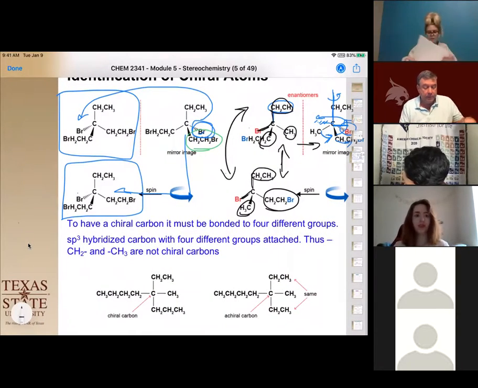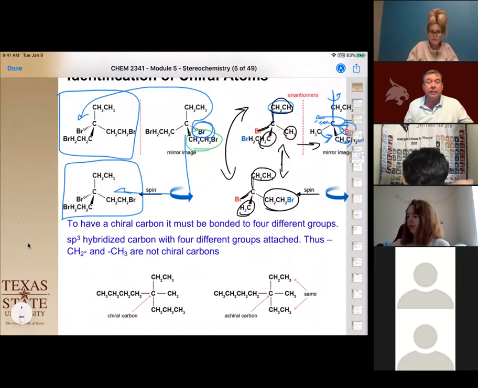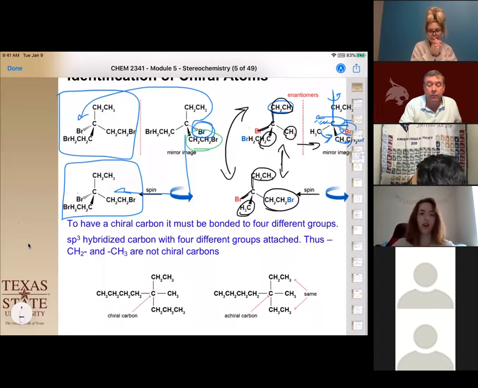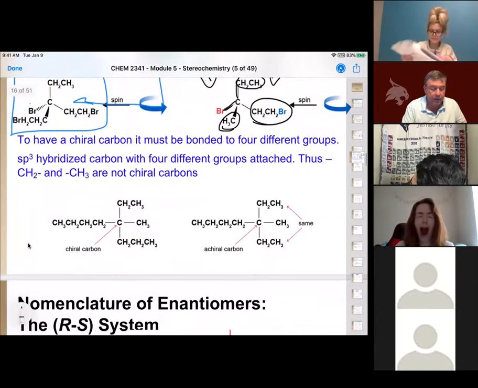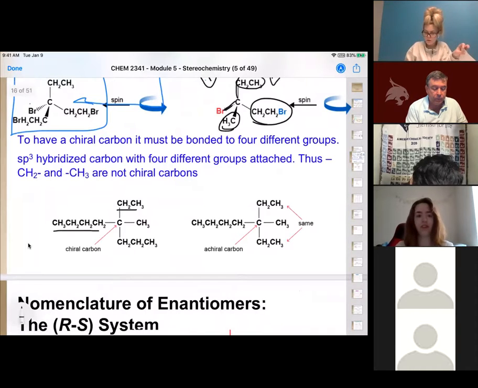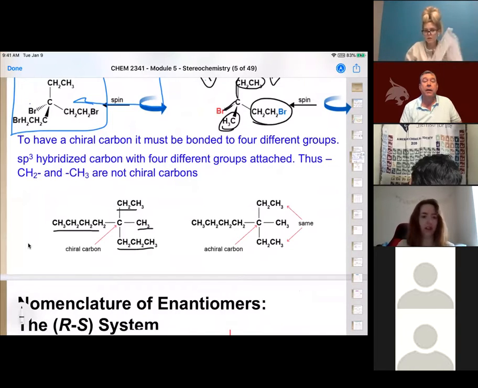It takes very little to take something that's not chiral and turn it into something that is chiral. For example, on this last example here, we have 1, 2, 3, 4 different groups right here.